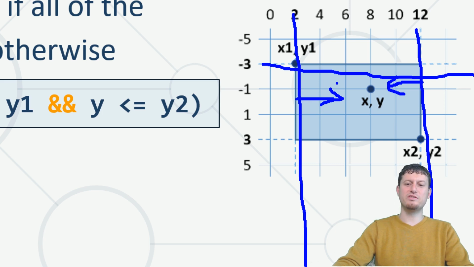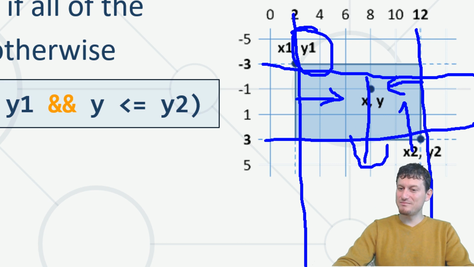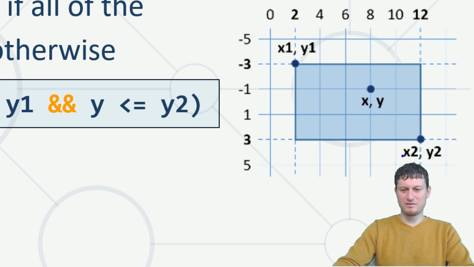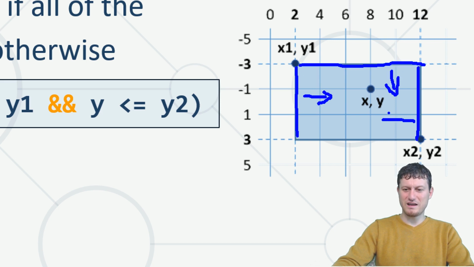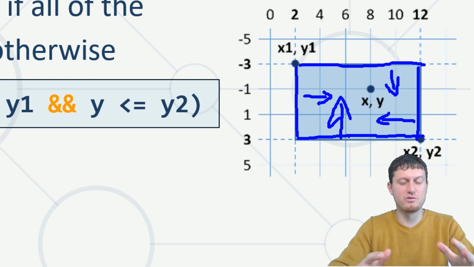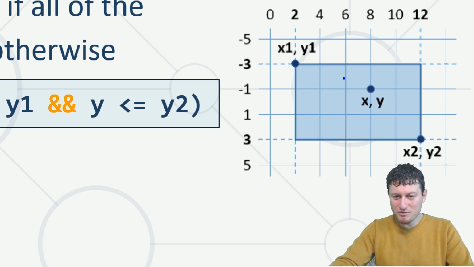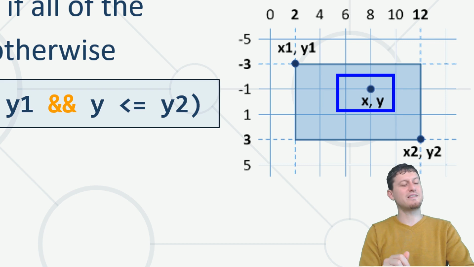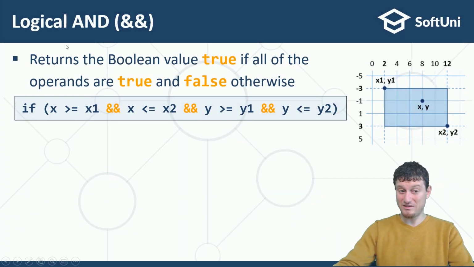It is below y2 and above y1. So if it is on the right of this side, and below this side, and on the left of this side, and above this side, if these 4 conditions are true at the same time, this point is inside this rectangle. Do you agree? Yes, it's true.